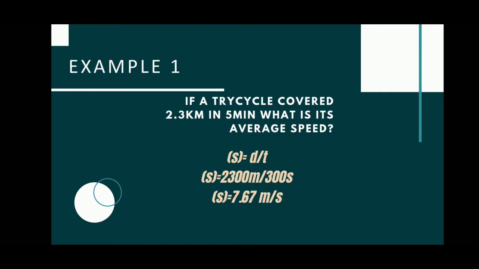Now, 2,300 meters divided by 300 is 7.67 meters per second, and that is the average speed of the tricycle.